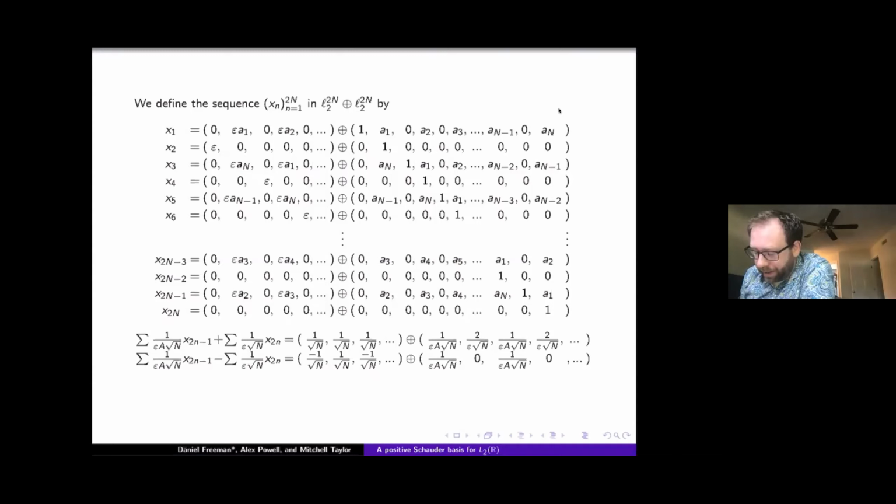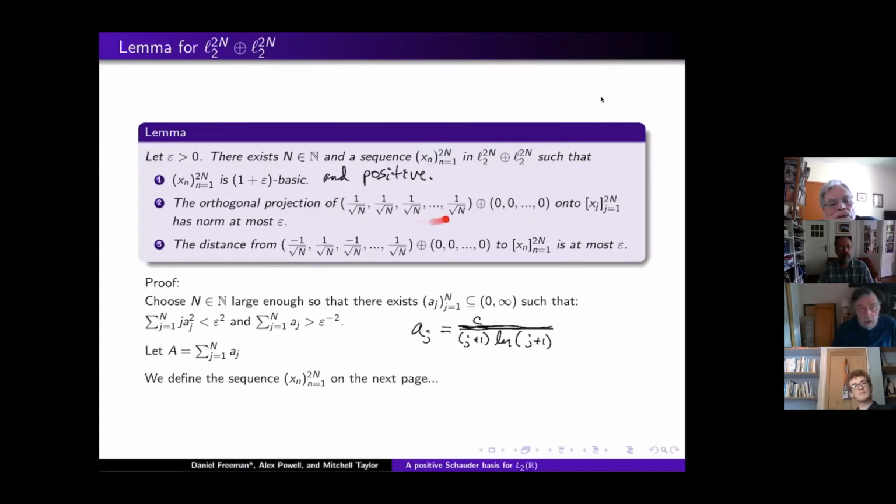All of the odd vectors, I would add up and divide by epsilon root n, and that will result in these coordinates all being 1 over root n. Then if I take the even vectors, there's no a here, and so if I just divide by epsilon root n for the even vectors, I'm going to get constantly 1 over root n in this coordinate. And so that's going to be exactly this right here.